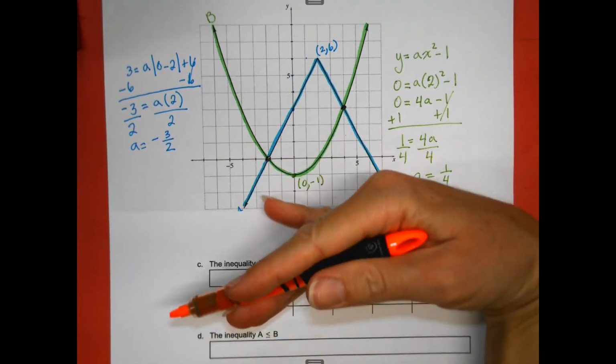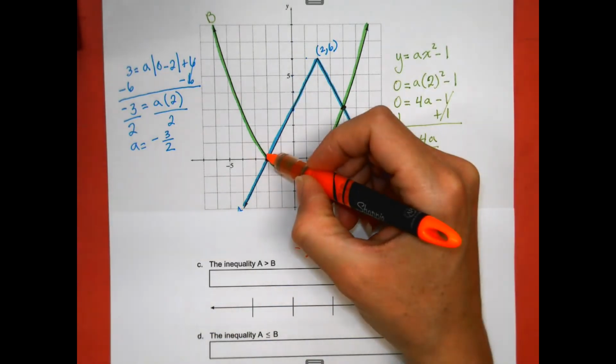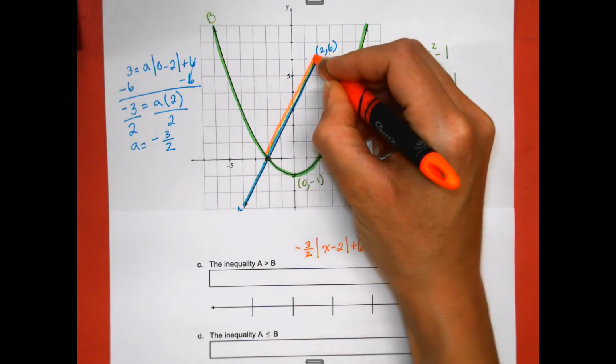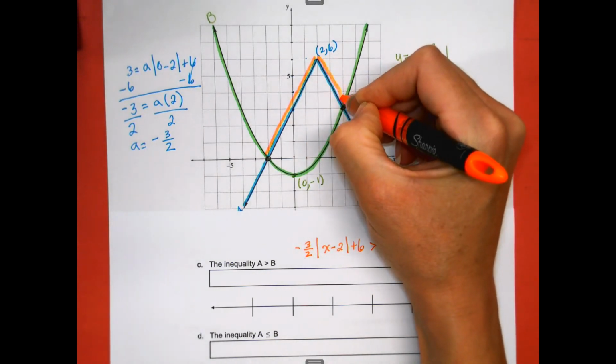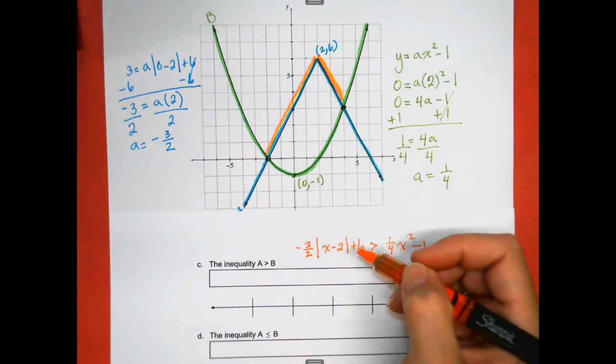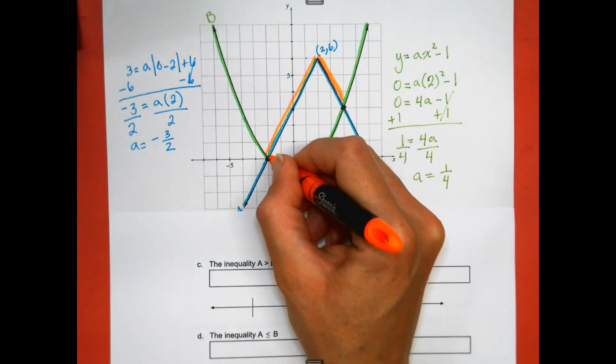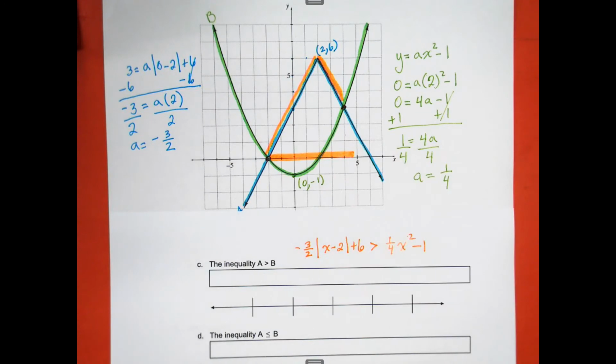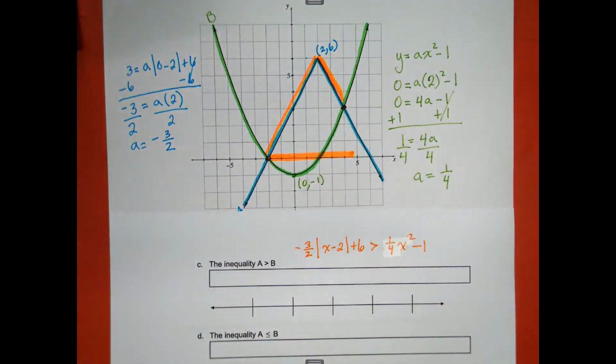So where is that absolute value graph above the parabola? As we're looking up, the absolute value graph crosses above the parabola here, and it goes back below it over here. So we're talking about all of the x values from -2 to +4.